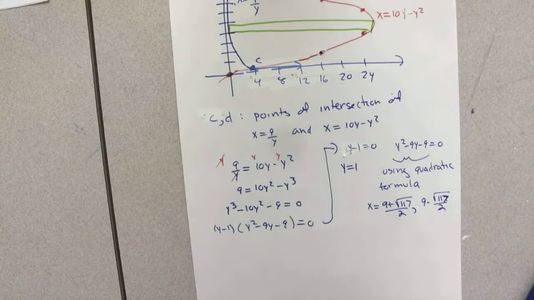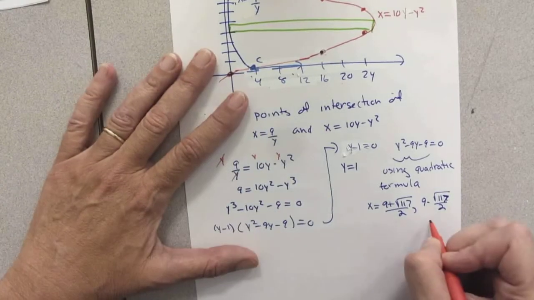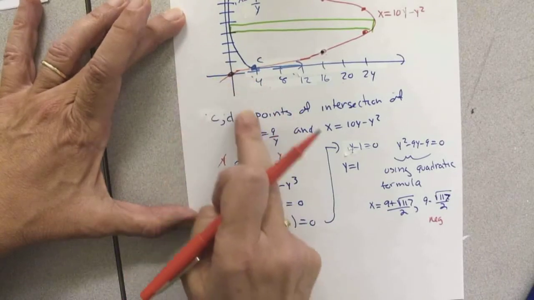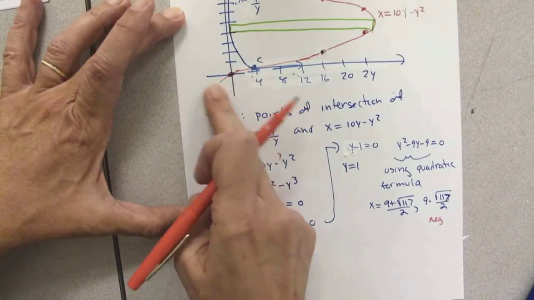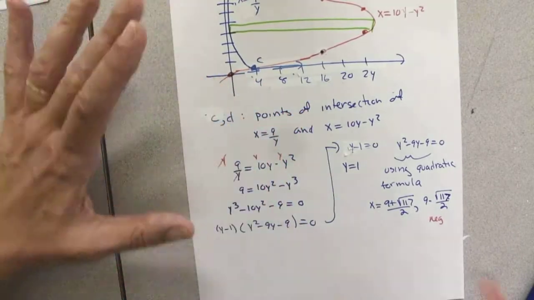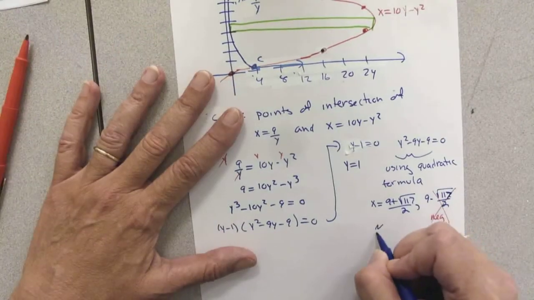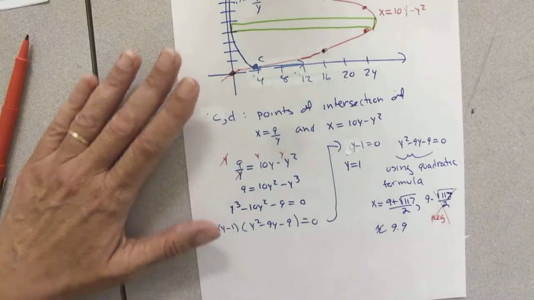This guy is negative, because there's another branch of the parabola over here, and so it's picking up this guy over here. So this one's negative. And this approximately equals 9.9.